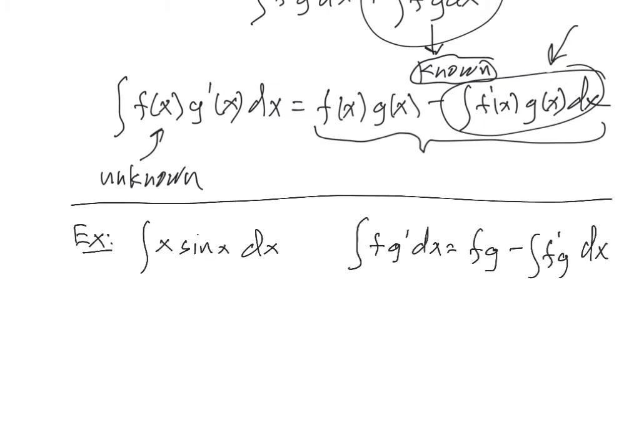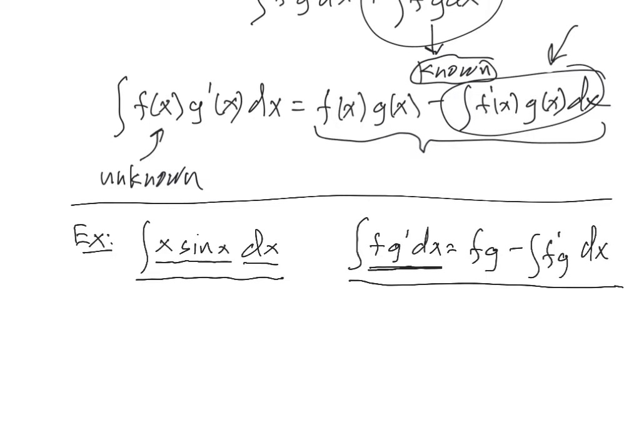Okay, so here's the antiderivative you ran into in a previous section. We didn't know its antiderivative. And now we can use by parts to figure out what it is. Notice I've written the structure of by parts over here. The method is to take the function we need the antiderivative for, along with its differential, and split it into these parts: f of x, g prime of x, and the dx.